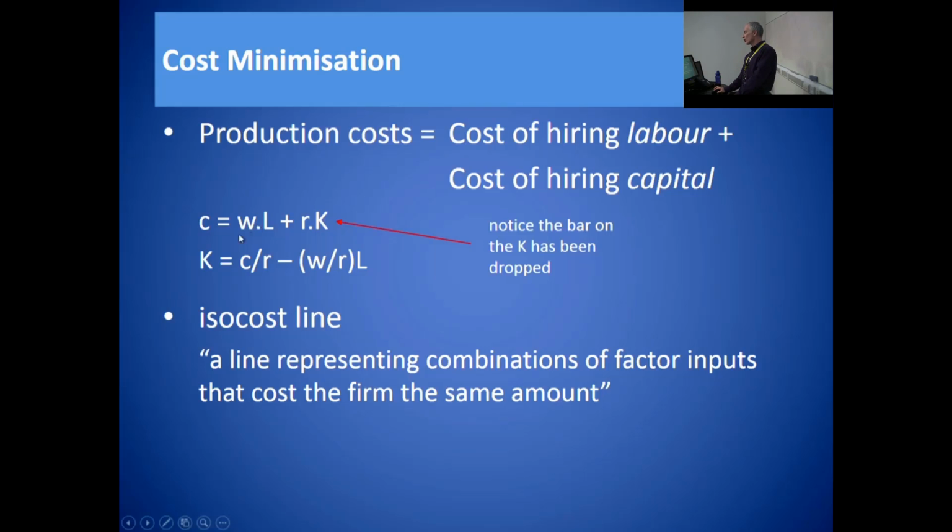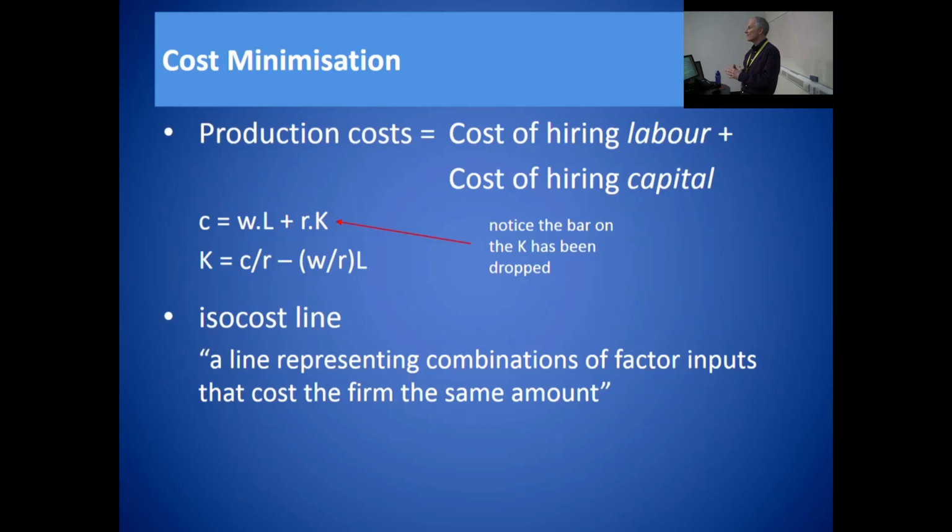And if we look at that ISO cost line that we derived here, what else do we notice about it? Well, again, if you think about what happened with the ISO profit line, that was the equation of a straight line. That ISO cost line is also the equation of a straight line, where that first term is the vertical intercept. That second term in front of the L is the slope of that line.